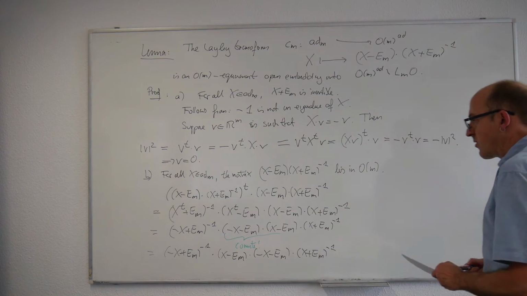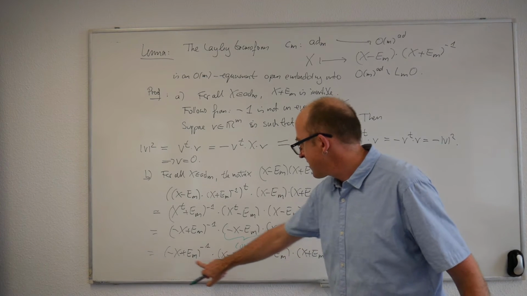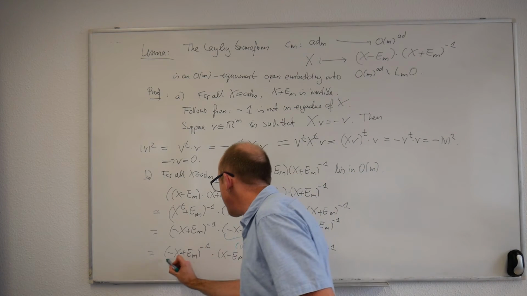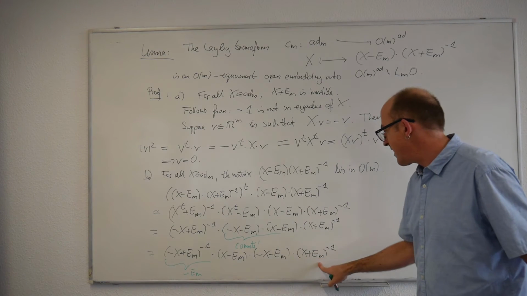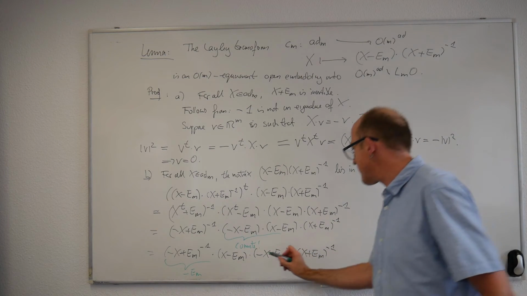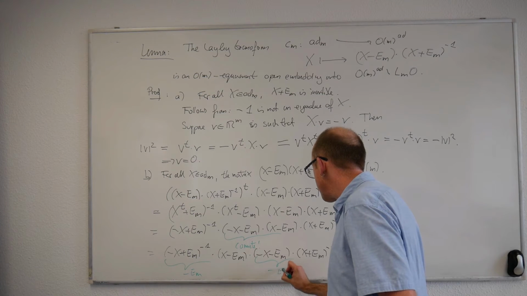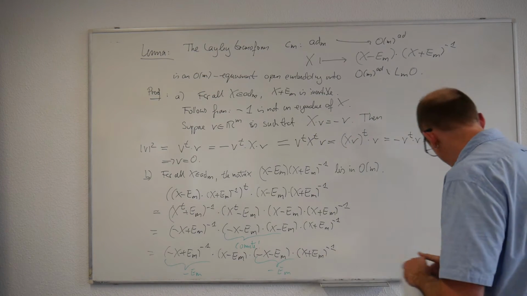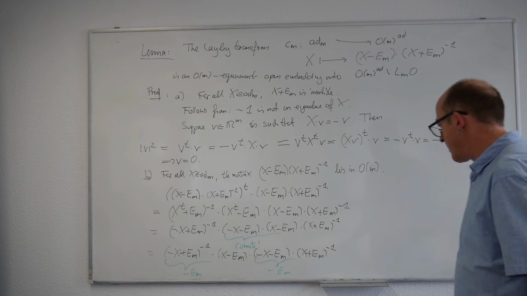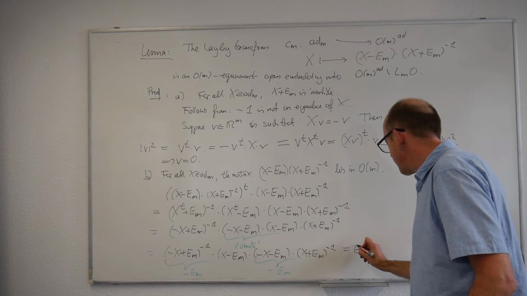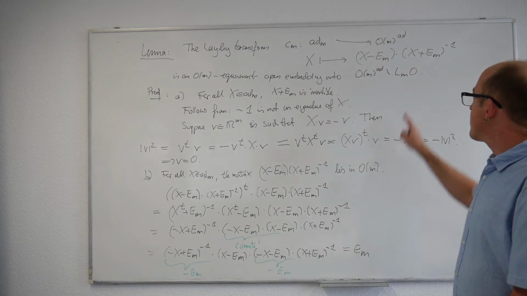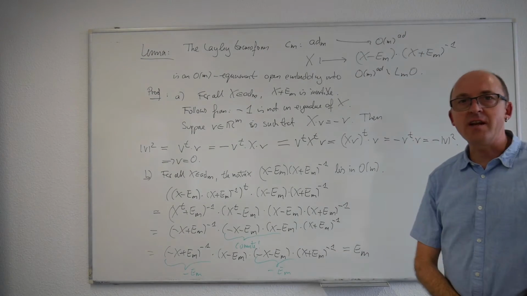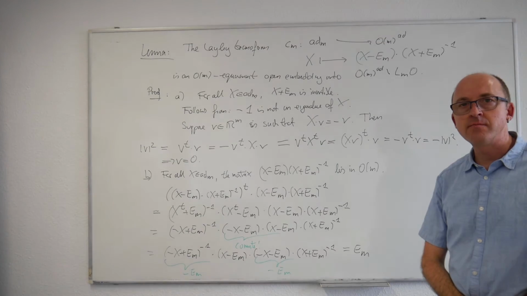And then again we just look at it. So this matrix, and here's the inverse up to the minus sign. So this is minus e_m. And then also here, these are inverses to each other except for the minus sign in here. So this is also minus e_m. And altogether we conclude that this is the m by m identity matrix. In other words, we have verified that the expression here really is an element of the mth orthogonal group.